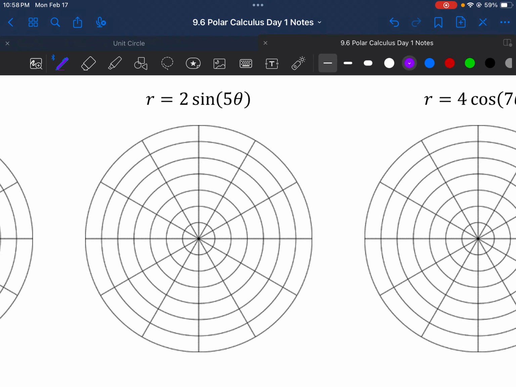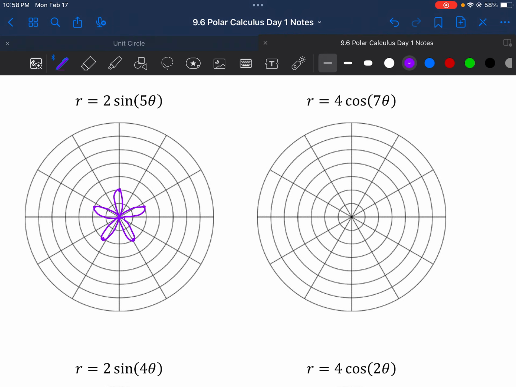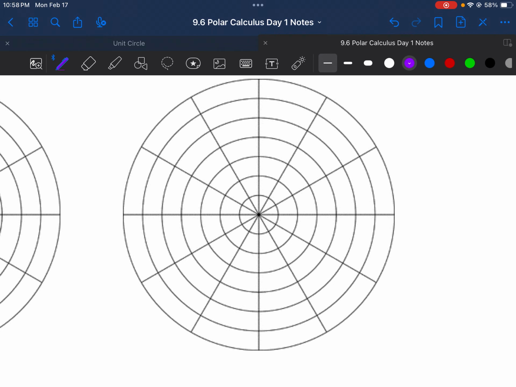r equals 2 sine of 5 theta, we get something like this. Again, not perfect, but you get something close to that. 4 cosine of 7 theta. 1, 2, 3, 4.